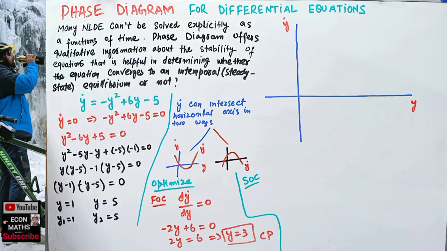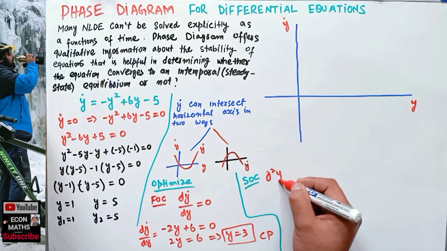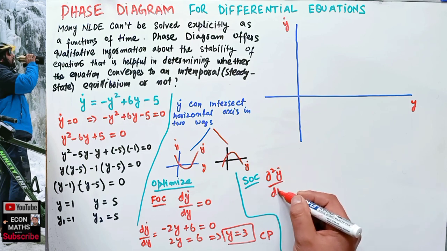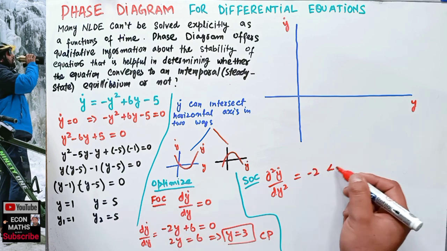This is our first order derivative, d y dot upon dy. The second order derivative will be d square y dot upon dy square, and we want to see the sign of it. Taking the derivative with respect to y, we are left with minus 2, which is less than 0.